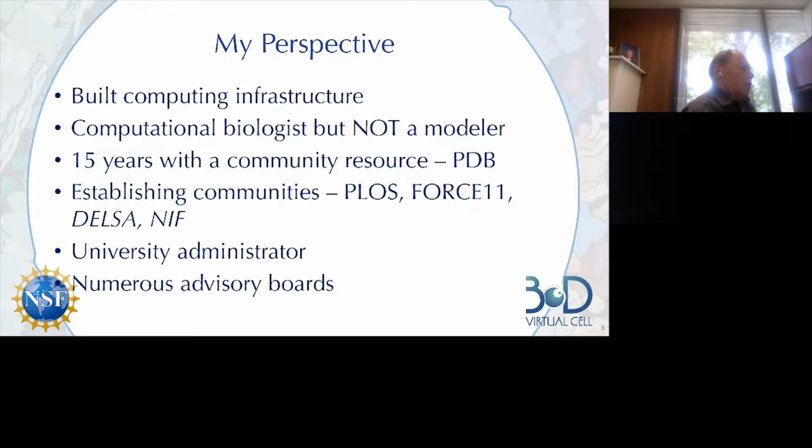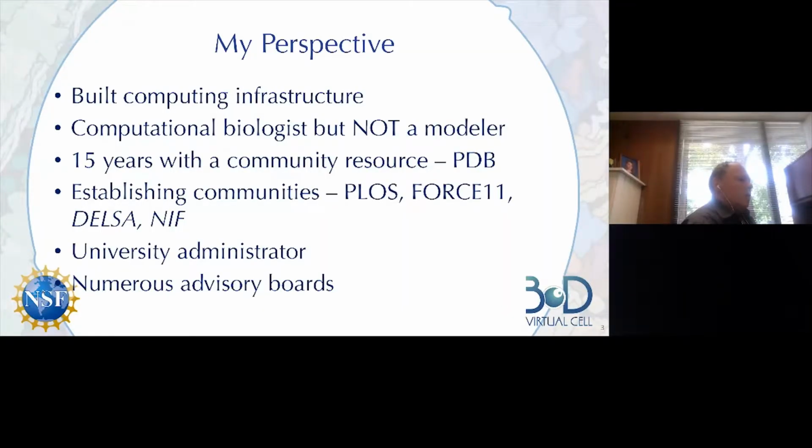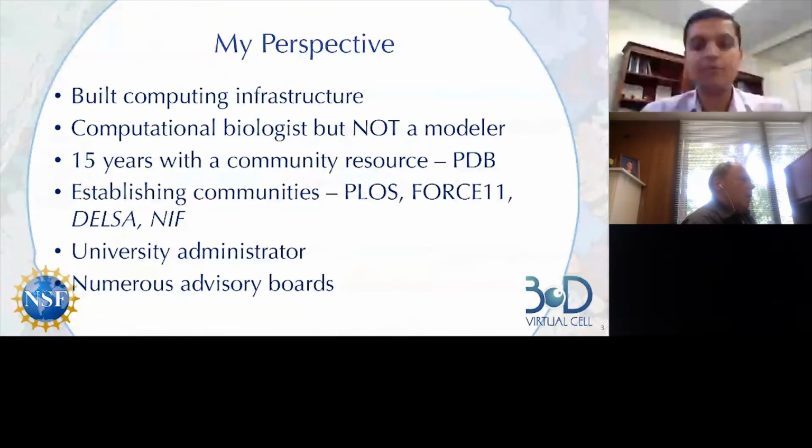I mentioned communities through PLOS and the PDB. I'm also involved in, and Herbert's been involved with this to some degree as well, and others perhaps on the webinar, Force11. It's the Future of Research Communication and e-Scholarship, a group of like-minded people, a community, coming together to consider alternative dissemination models and sustainability models around scholarship, of which the 3D virtual cell is a good example.